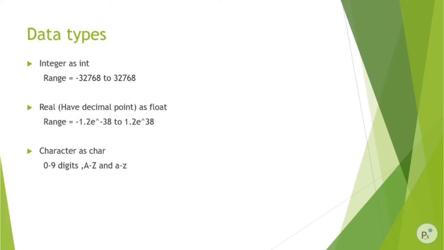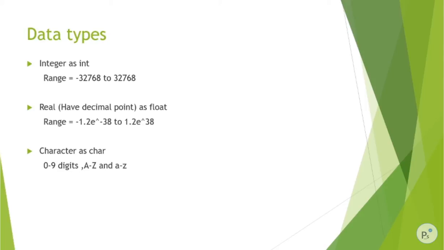So what are the different data types in C programming language? There are three types of data types: integer, real and character. Integer means a simple number, where the given range is minus 32,768 to positive 32,768.